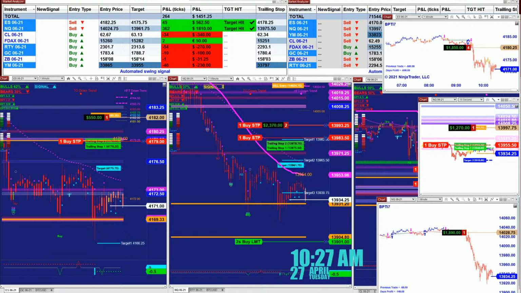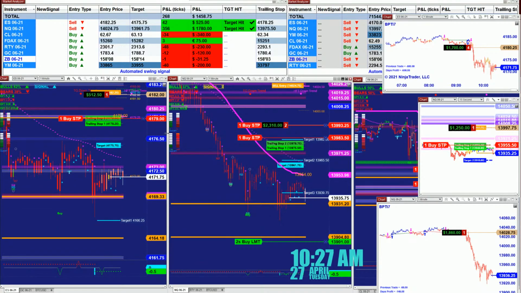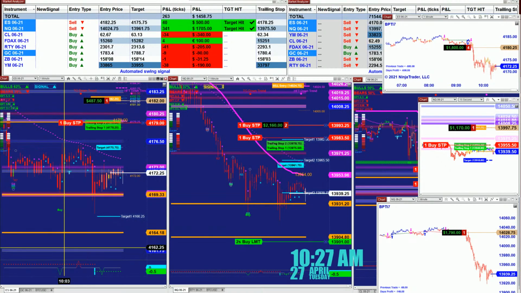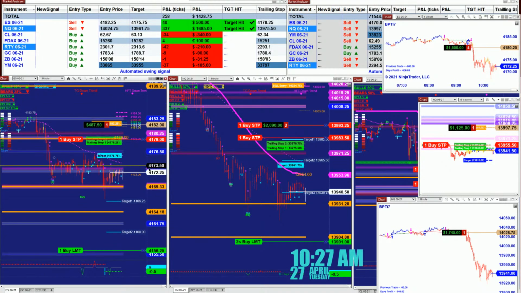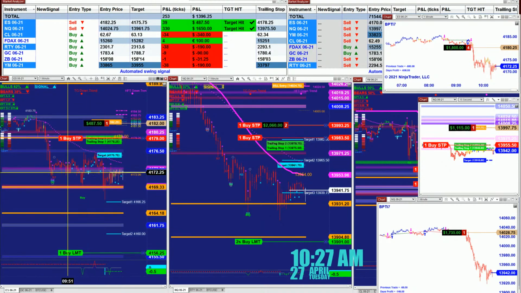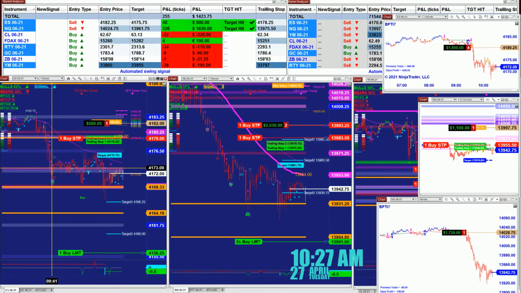And honestly, it's too early to hit target 2, because target 2 is between 11 and 12, and now it's only 10:27. You can see what it is. Before, it was a support. Look at this, folks.